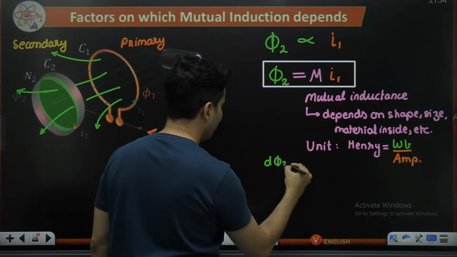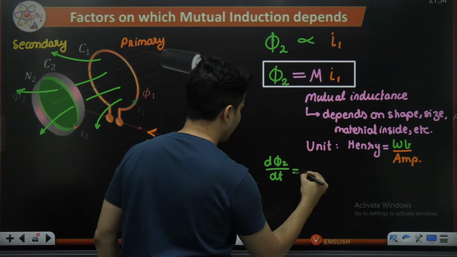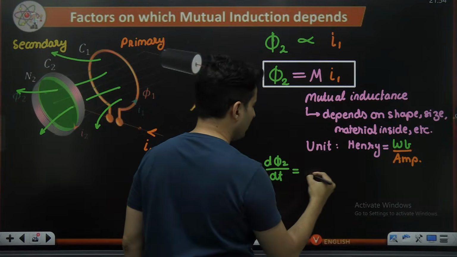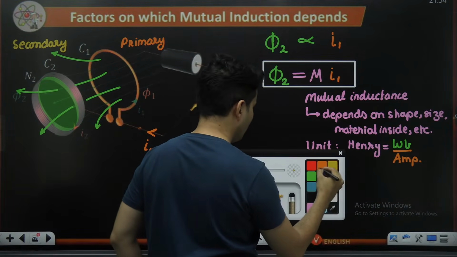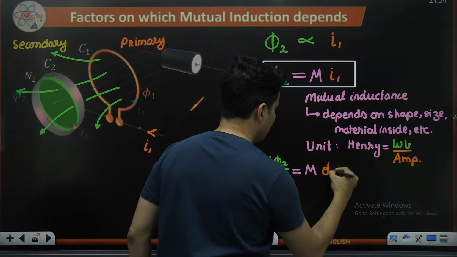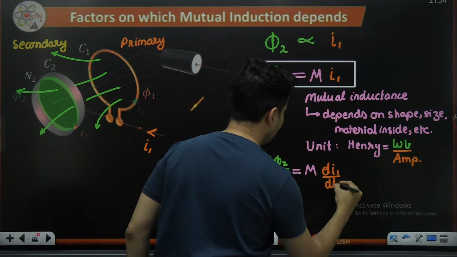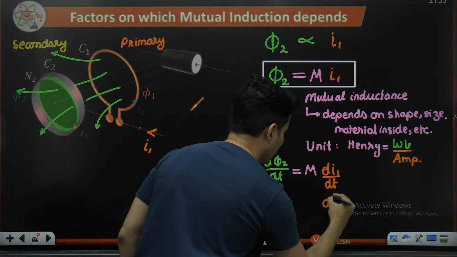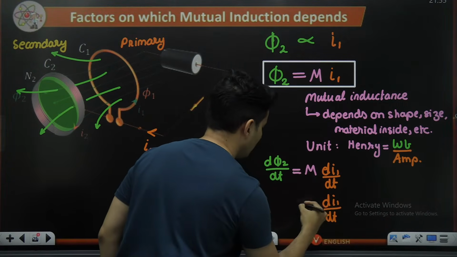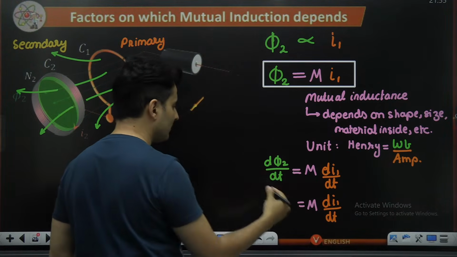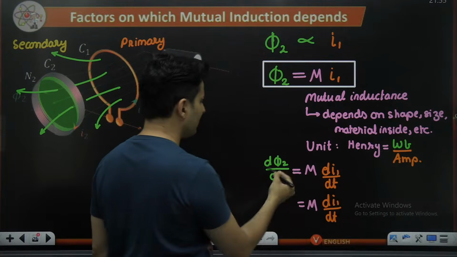Lastly, if you differentiate this, you will get d phi 2 by dt equal to M times di1 by dt. So if you notice, this is di1 by dt, this is your mutual inductance. What is this, the flux change with respect to time?